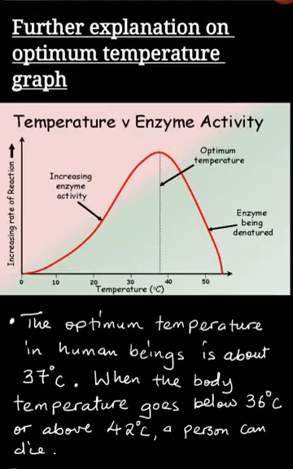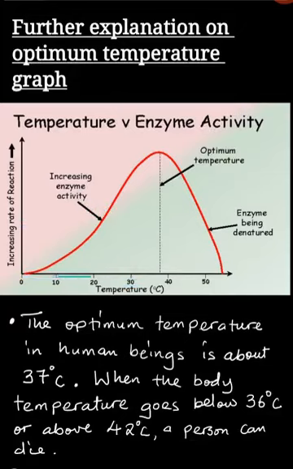It is too cold for the enzyme to act. So as you are increasing the temperature, the enzyme starts to act slowly. That is why the graph is going this way. So as you continue increasing the temperature, the enzyme activity will also increase. In other words, the speed at which the enzyme is doing its work will continue to increase with the increase in temperature.